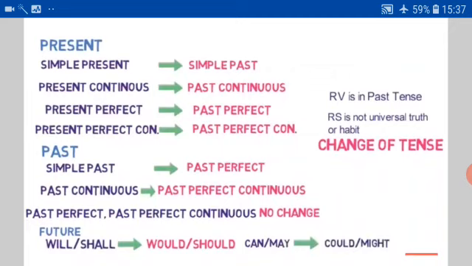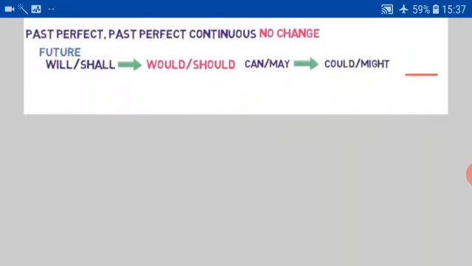We have no change here. Now future tenses. Will or shall will be changed into would or should, can will be changed into could, may will be changed into might.